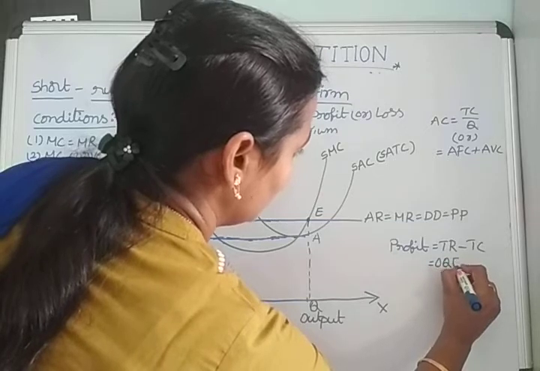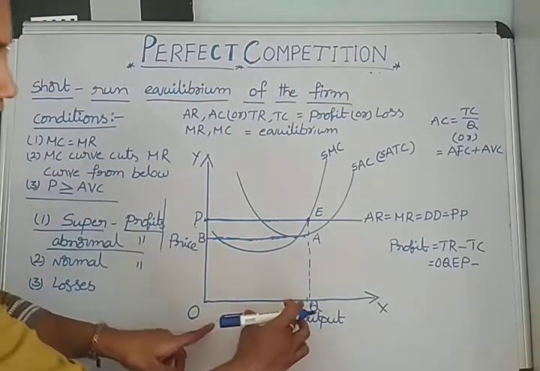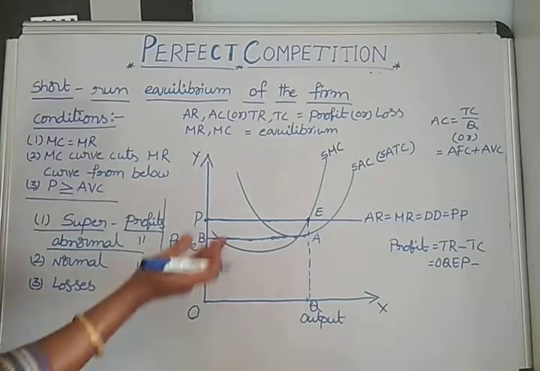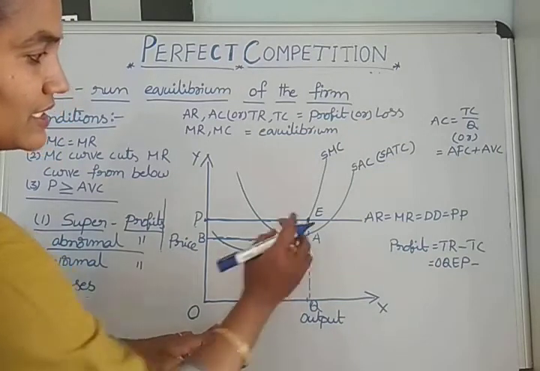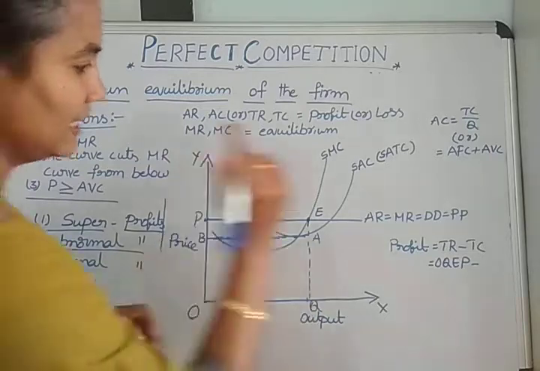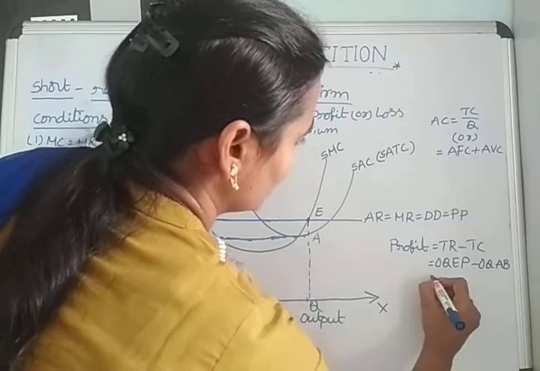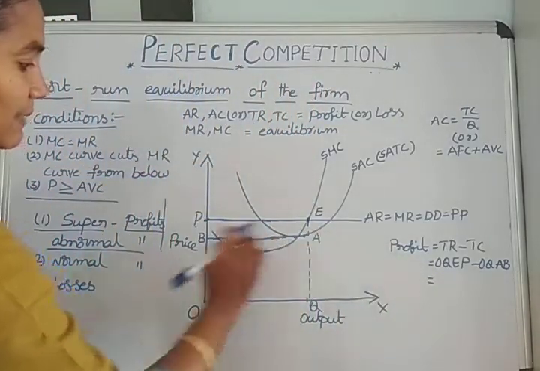OQEP level. Then how much cost are they incurring for producing OQ level of output, because without spending an amount they cannot produce the good. Where this output line touches the cost curve, that is the cost of production. So OQAB level. The variation between the two is at PEAB level.